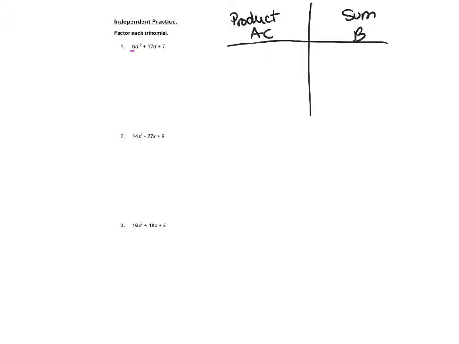So what you're going to do is the same thing. I recommend that when you're factoring quadratic trinomials, you do some sort of chart like product of AC, sum of B, where you make lists of what you're multiplying and what you need to add to. So for example, in this one, you want it to multiply to positive 42 and add to positive 17.